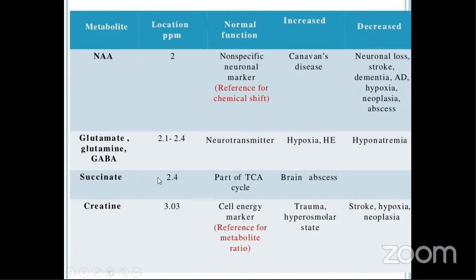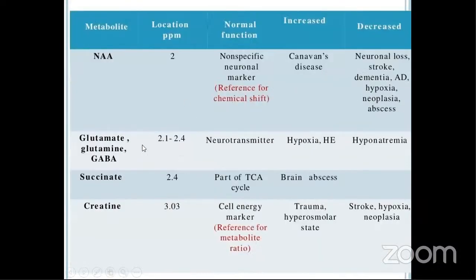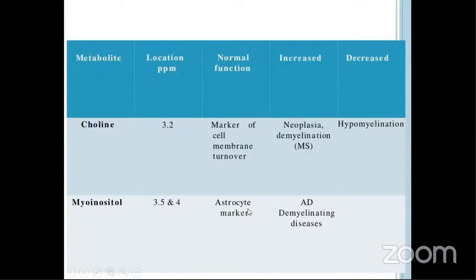N-acetyl aspartate peak, as I said, is a non-specific neuronal marker, but in Canavan's disease it is increased. Glutamine and GABA peaks you see in hypoxia, succinate peaks in brain abscess, and creatine peaks in trauma and hyperosmolar states. Choline peaks are again increased in neoplasias and myelination.